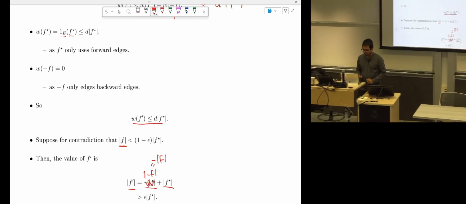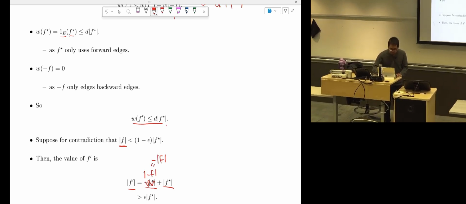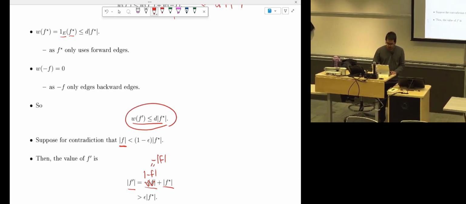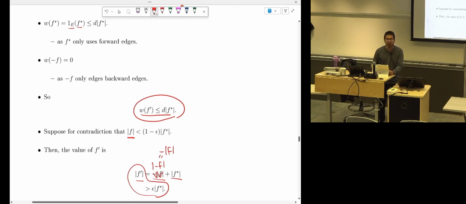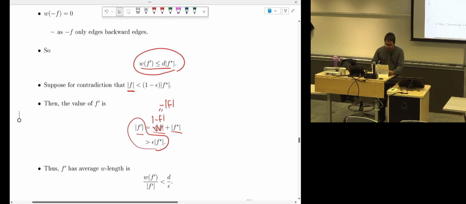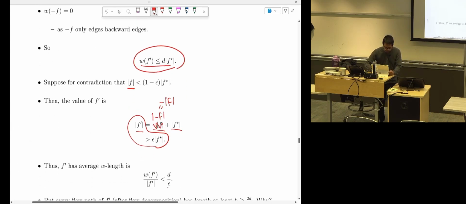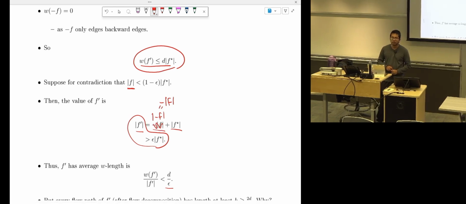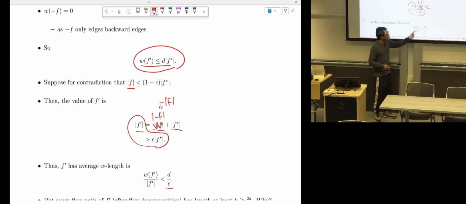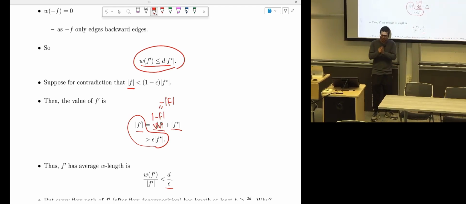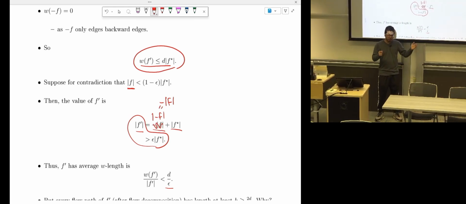So what we have so far is that we upper bound the total length, and we lower bound the value. So we get an upper bound on the average length. The average length of F prime is then at most D over epsilon. Okay. So we get that F prime has average length D over epsilon.